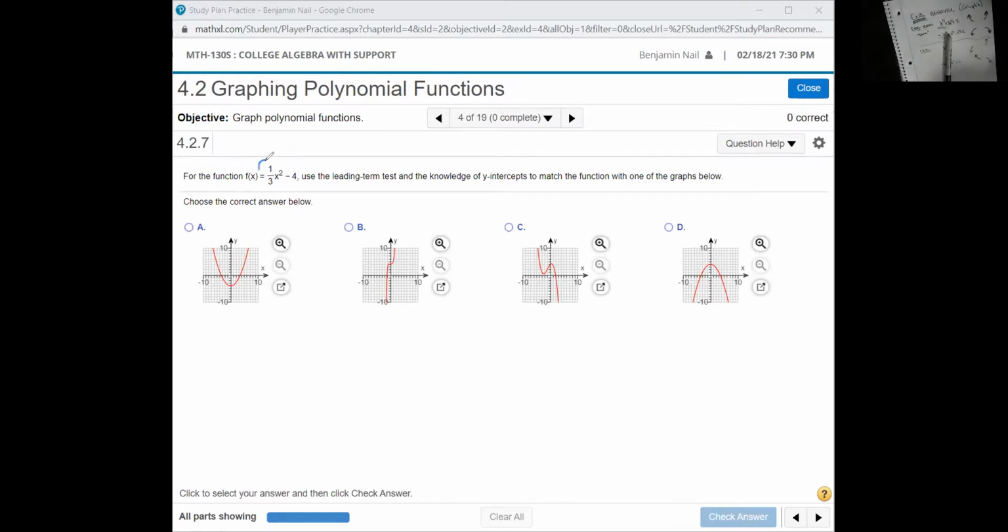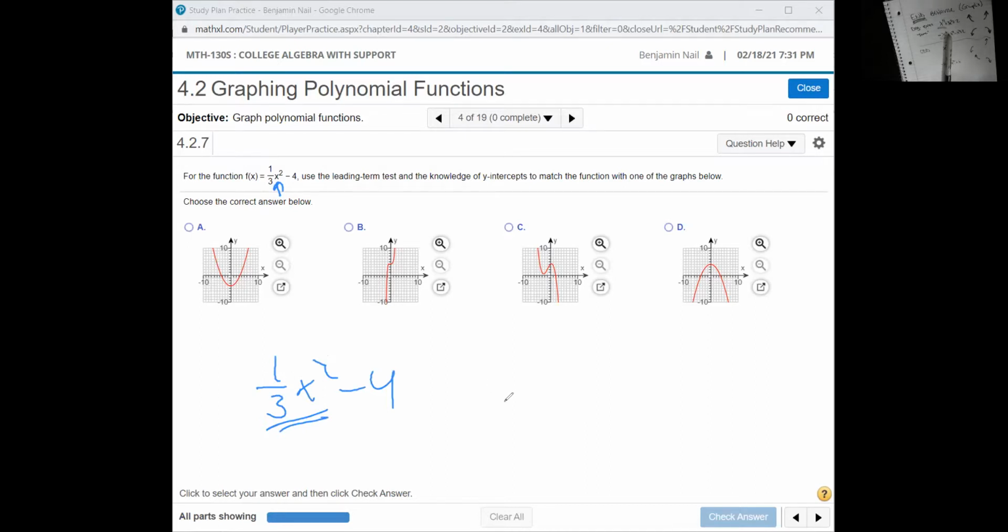If I'm looking at this 1/3 x to the second, that's going to determine exactly what we're talking about here. If I just look at that piece, x squared, so 1/3 x squared minus 4. X squared is an even degree.